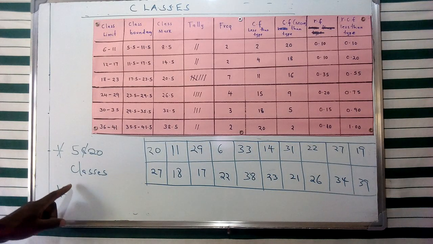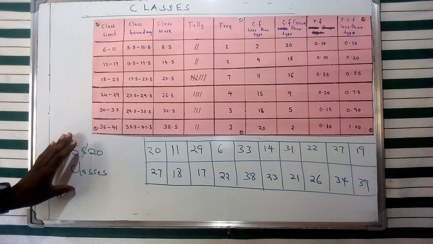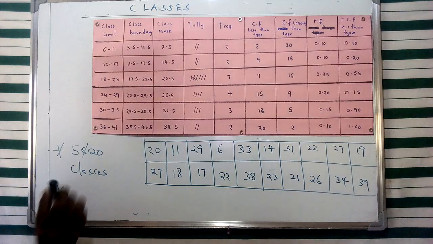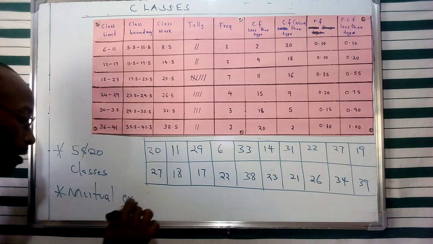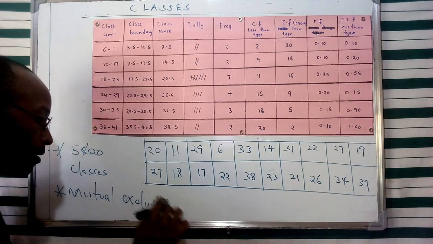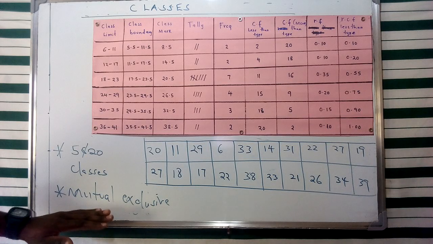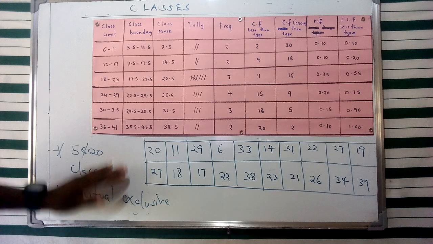The second rule is that these classes have to be mutually exclusive. This aspect of mutual exclusiveness implies that every value has to be represented, and that no value in the data is going to fall into two categories.